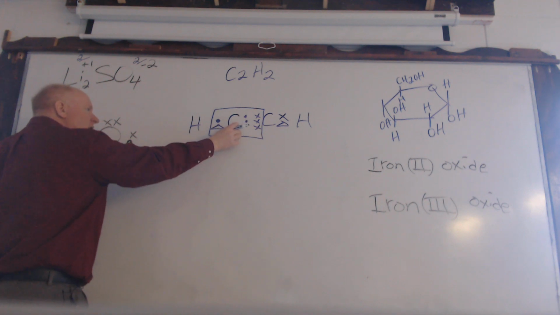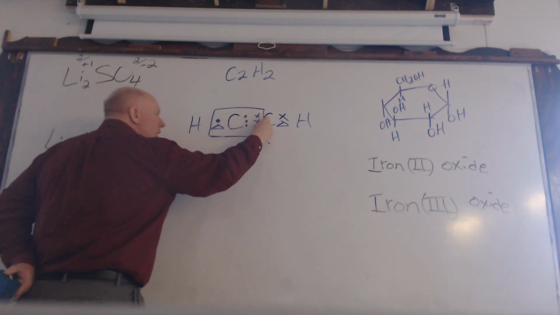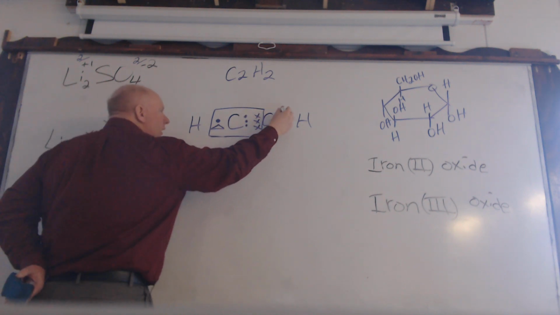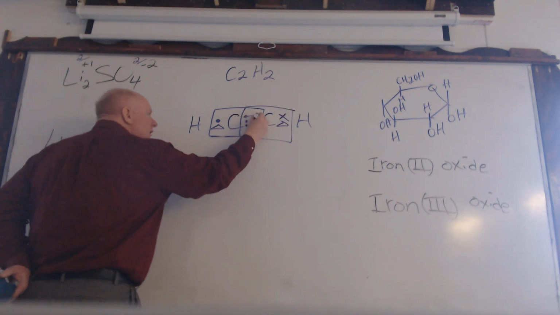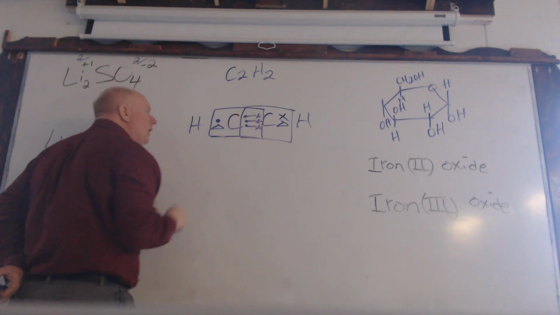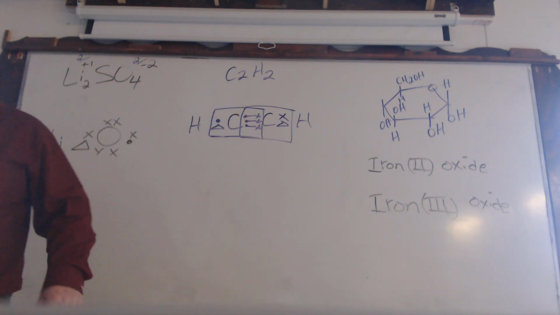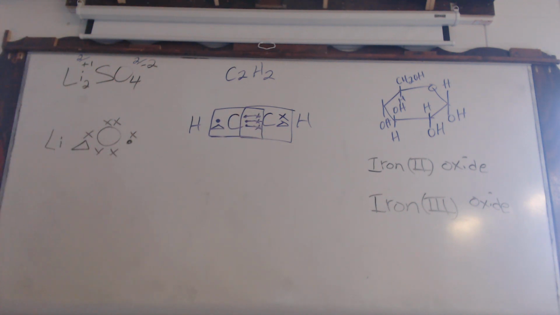There's 8 in this box. What about this carbon? Does it have 8? Yes. It does. Okay? And then this is something that carbon can do. It can form a what bond? It's a covalent bond. What type of special covalent bond? Triple. There's 3 of them there. It's a triple bond.